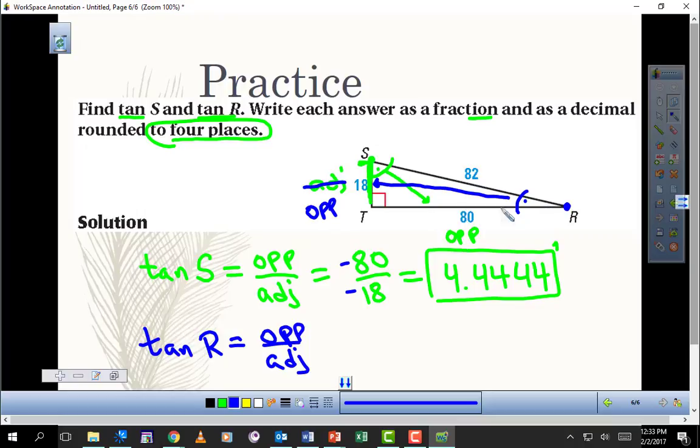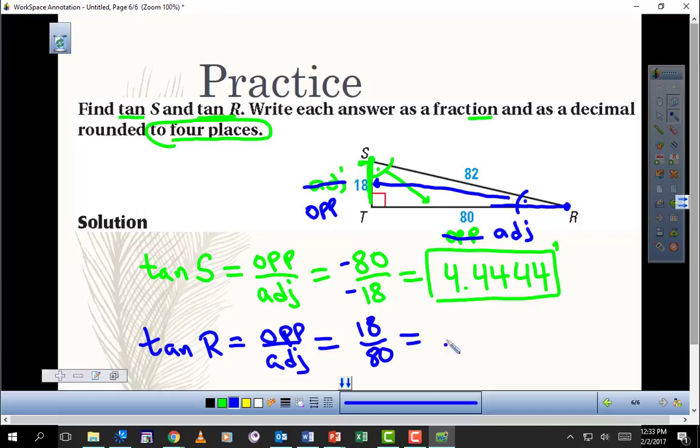And then this side, remember I said the adjacent side touches the angle. So this is not the opposite side according to R. It's the adjacent side. So from R's perspective, you've got to take 18 and divide by 80. Does that make sense? And when you do this one, what do we get? 18 divided by 80.